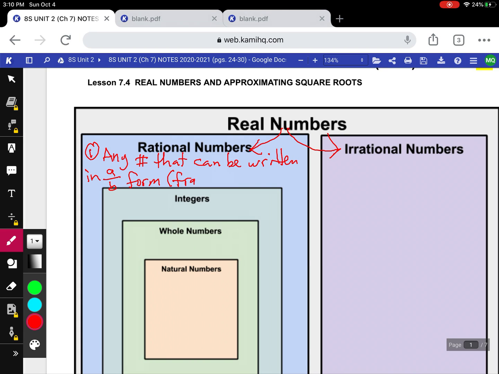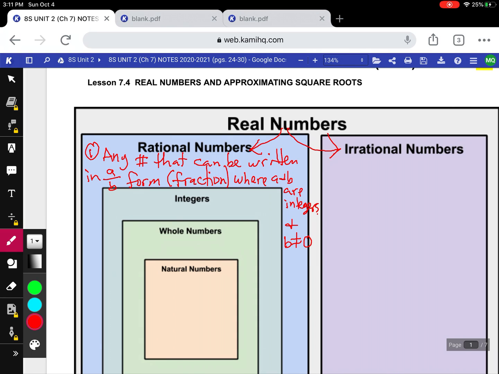What that means is that it can be written as a fraction, where A and B are integers, and we'll get to what integers are in a second, and B does not equal 0, because you can never have 0 in a denominator.